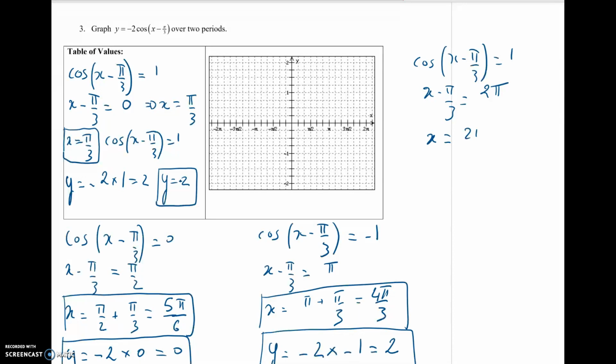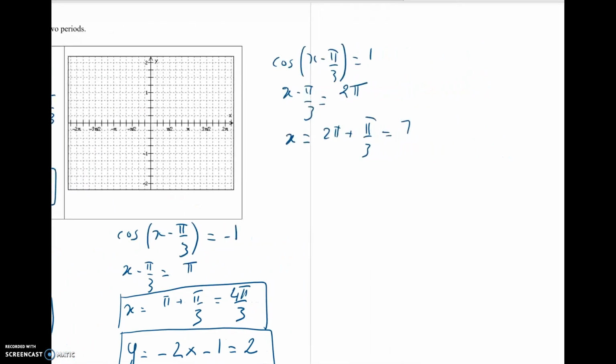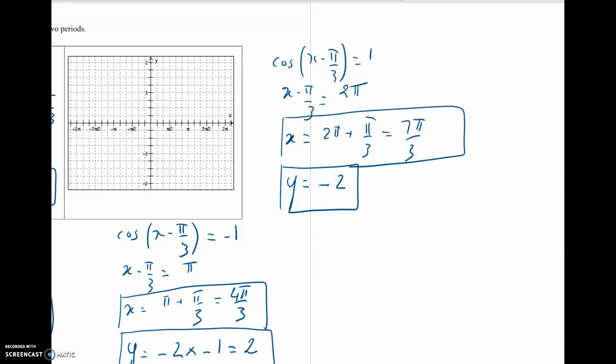Therefore, x equals 2 pi plus pi over 3, which means 7 pi over 3. And therefore, I know that y will be equal to negative 2 at 7 pi over 3.